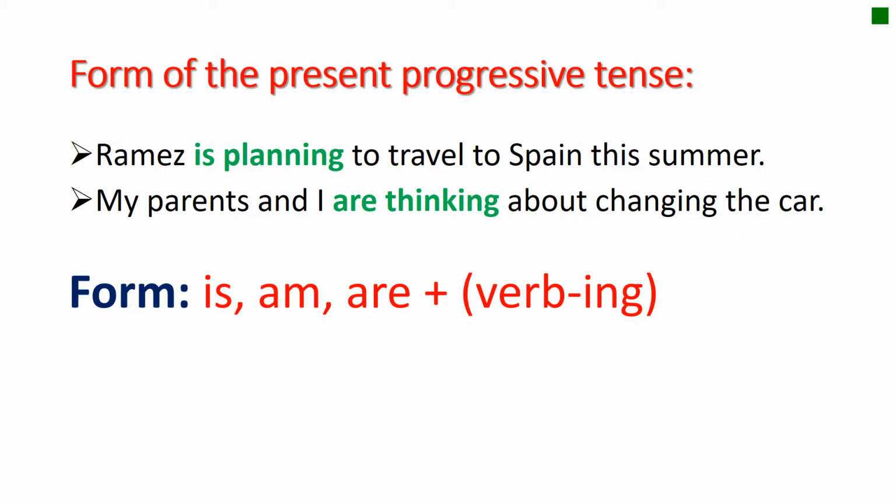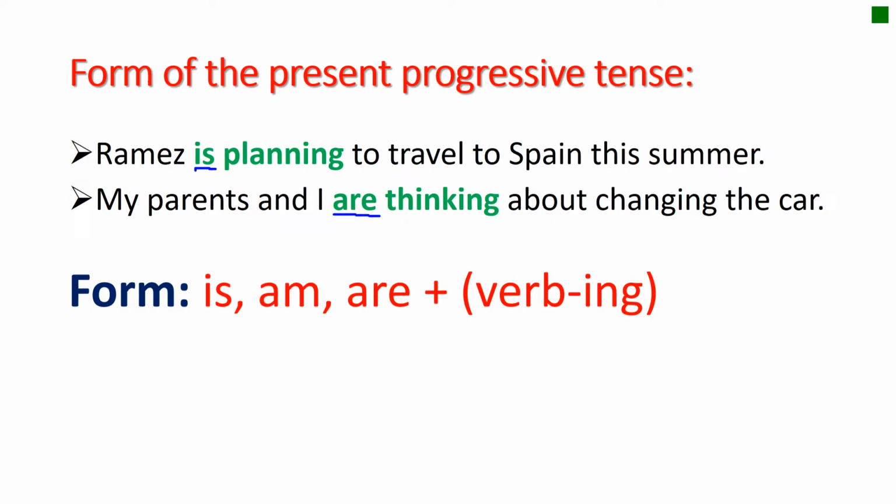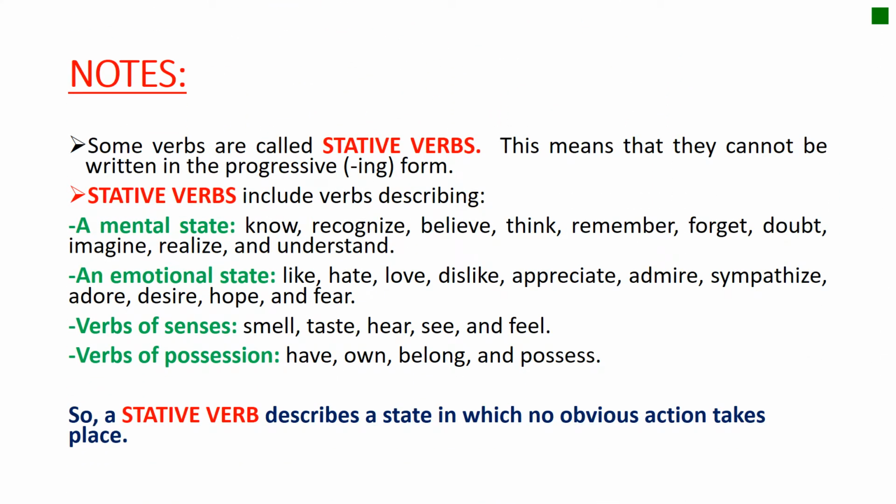Rames is planning to travel to Spain this summer. Is, present form of verb be; are, present form of verb be. Rames, he takes is. My parents and I means we, takes are, and this is the form.